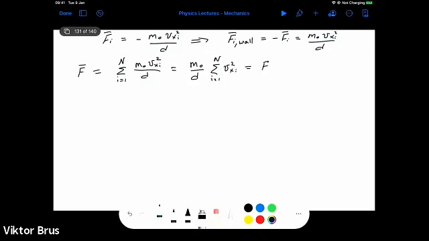If we have just a few molecules, then there would be spikes of force because there will be a small number of collisions per second. However, with 10 to the 23 order of magnitude molecules, these spikes will be smoothed, and we will get just some actual force, which is constant.